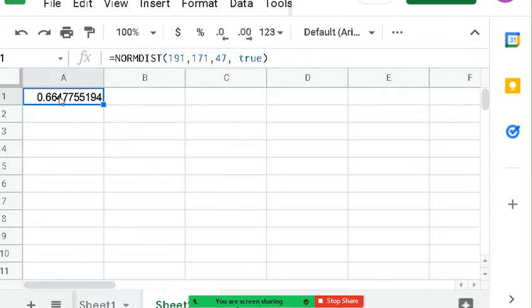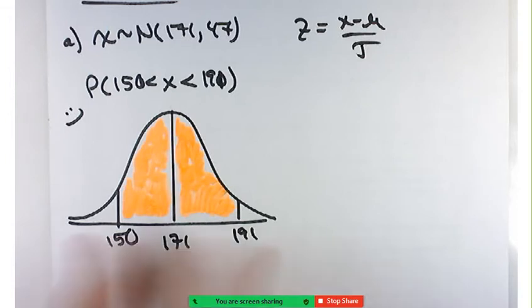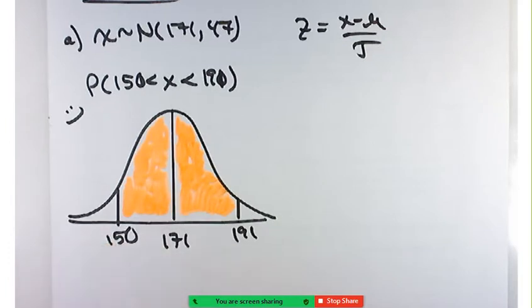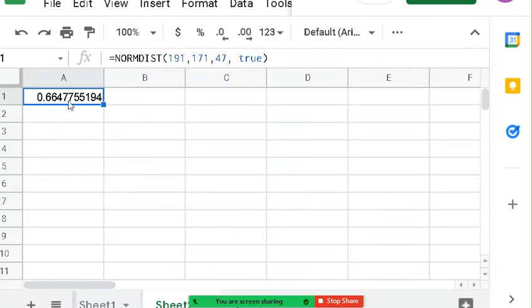Okay, nice. But let's keep in mind what I want. I want the area between these. I don't want just the area to the left of 191, which is what I've got. So what do I need to do? Perfect. Well said. In fact, that's exactly how I'll do it here. So per suggestion, let me copy that.